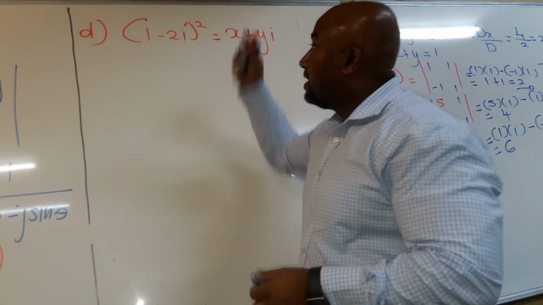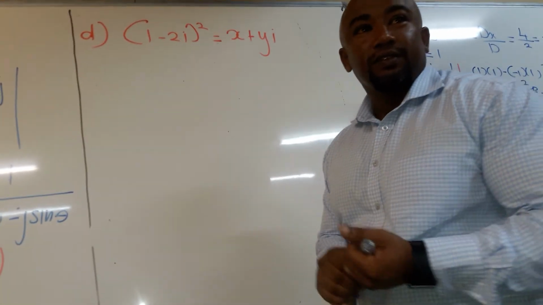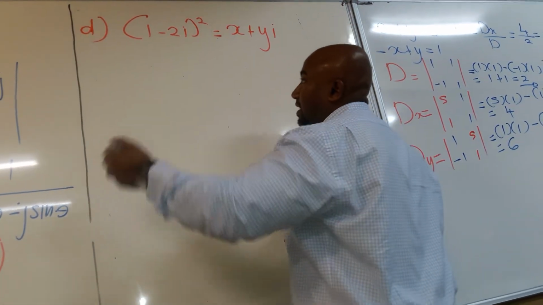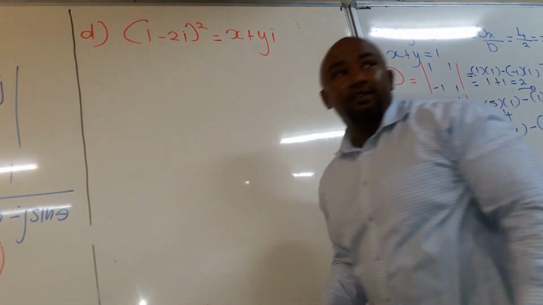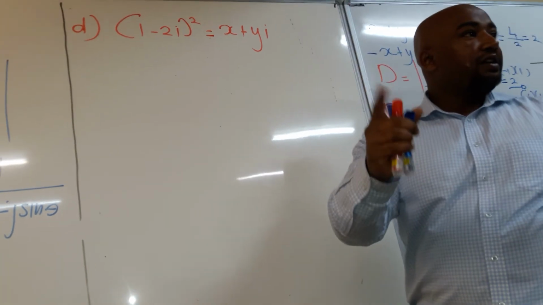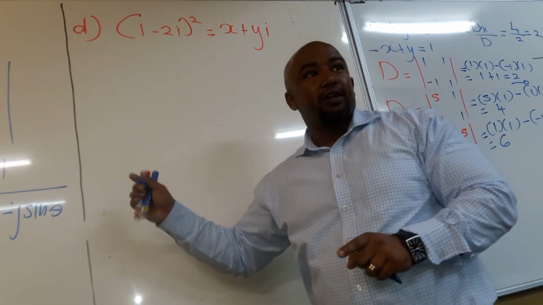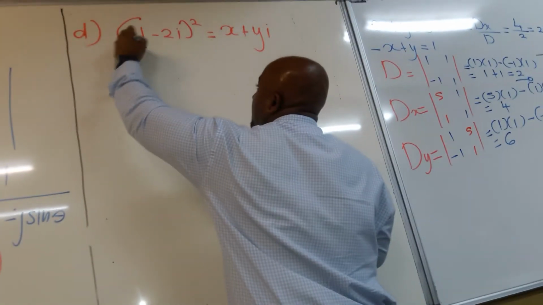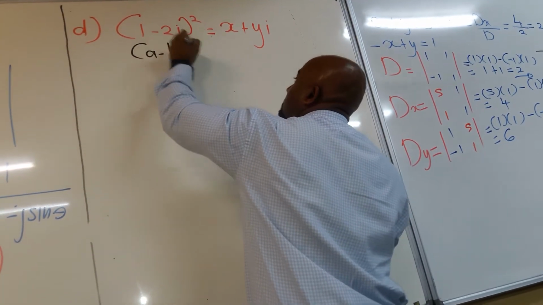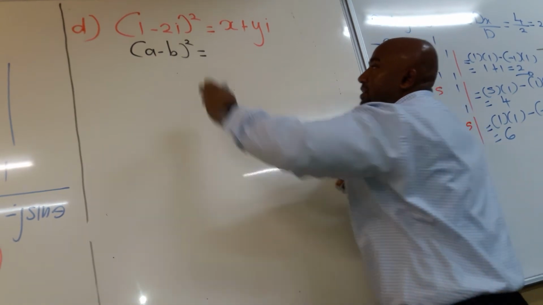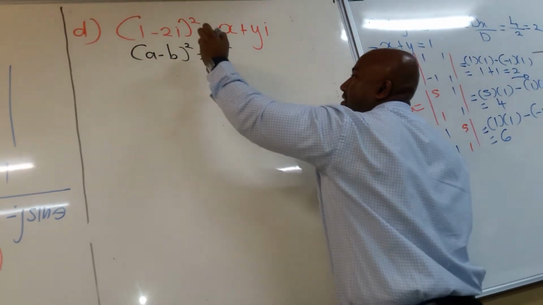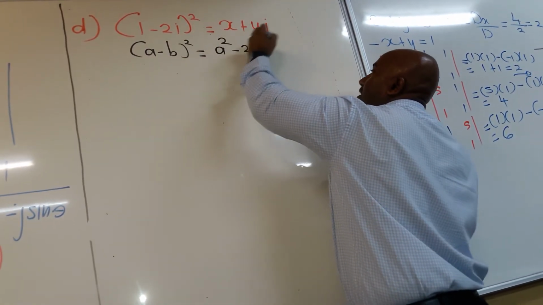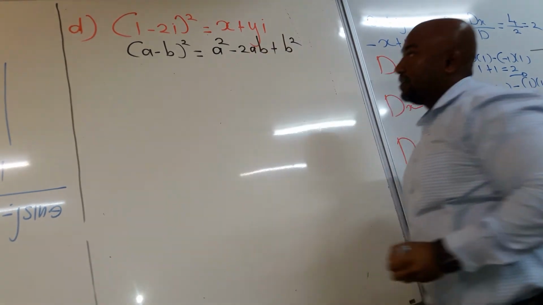So here we got 1 minus 2i all squared. Okay. So remember that 1 minus 2i all squared means 1 minus 2i times 1 minus 2i. So if I square this in one step, remember if I have a minus b all squared, this can equal a squared minus 2ab plus b squared.